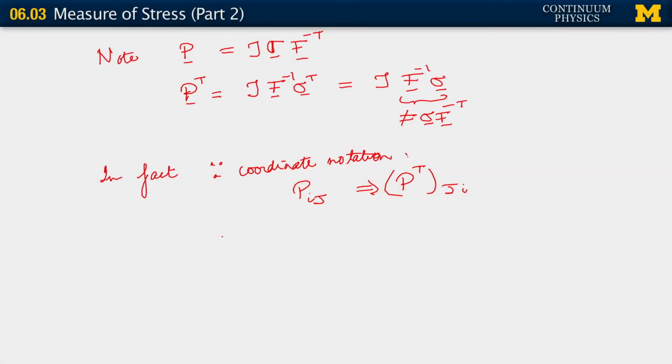So what I want to say here is that the I and J indices are in different configurations.